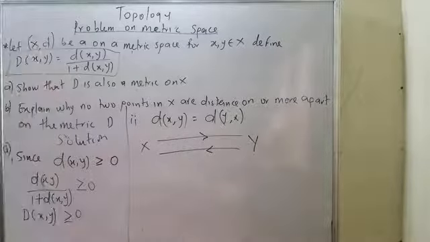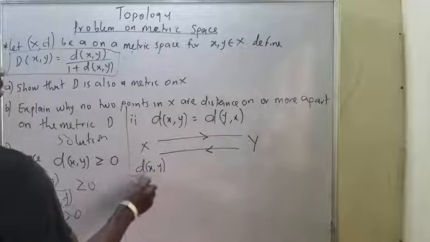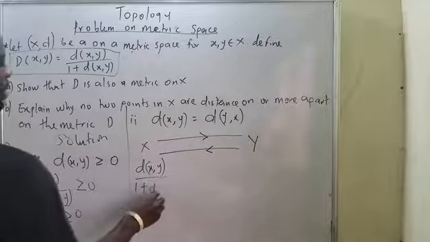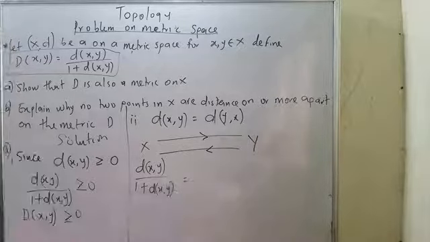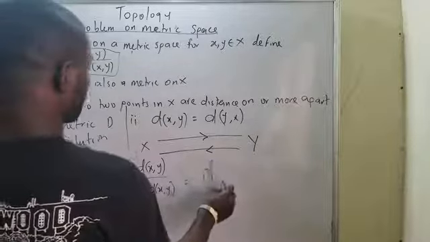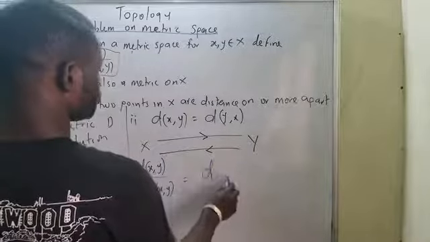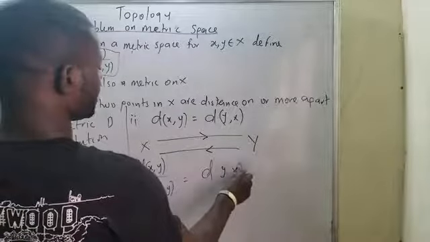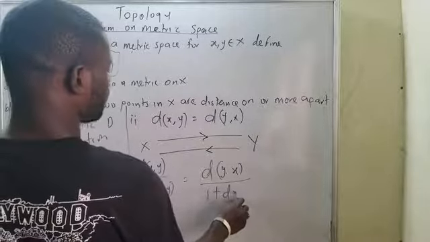It means my d of x, y divided by 1 plus d of x, y will be equal to my d of y, x divided by 1 plus d of y, x.